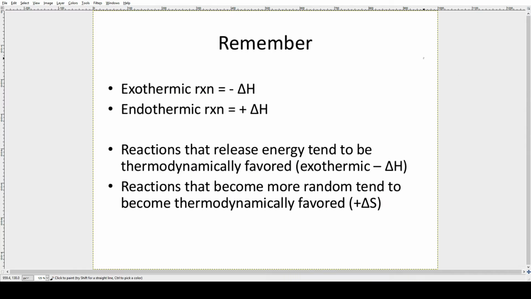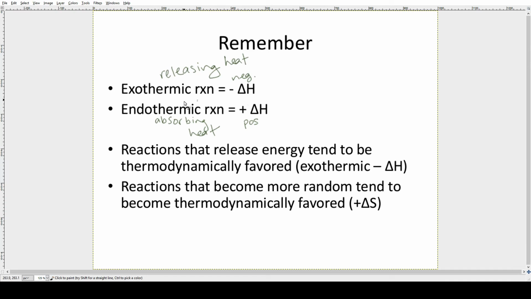Flashback here: exothermic reactions have to do with releasing energy, releasing heat. Those have a negative change in enthalpy, whereas endothermic reactions, which absorb heat, have a positive delta H. Reactions that release energy tend to be thermodynamically favored.